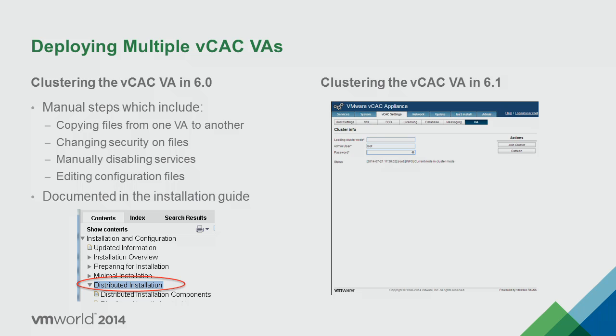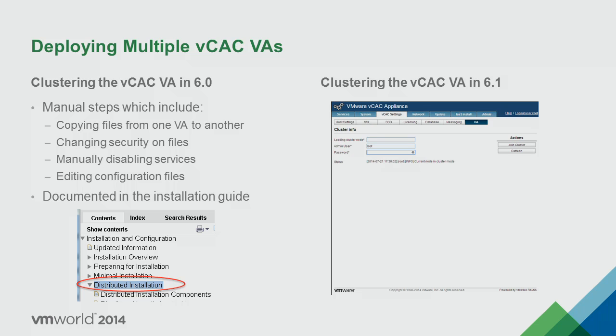This is all documented in the vCAC 6.0 documentation under distributed installation. We've changed that with the release of 6.1, coming out in 2 weeks, where you go to the VAMI UI of the appliance and you just say, point me to the lead node. It does all that copy and configuration for you.